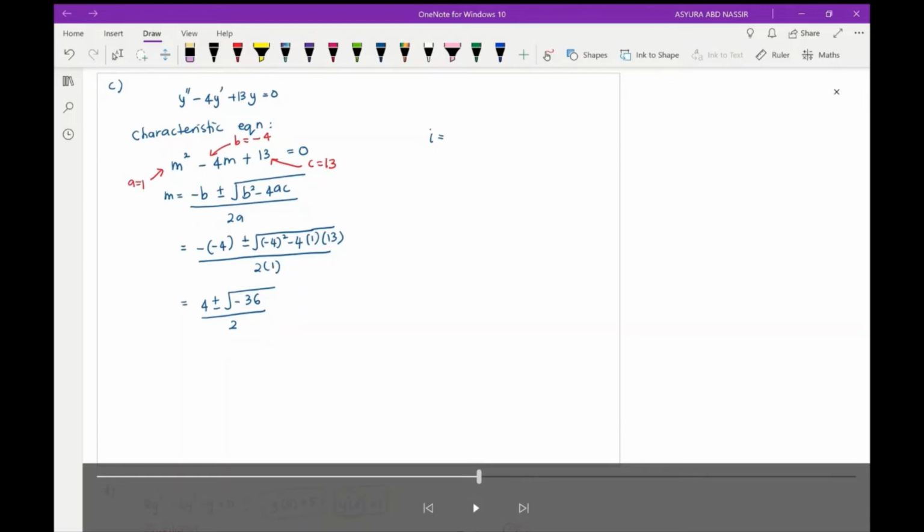Remember, in the calculator we cannot calculate the square root of a negative number, so it will be a math error. In this case, we have i equals the square root of negative 1, and we call that i an imaginary number.